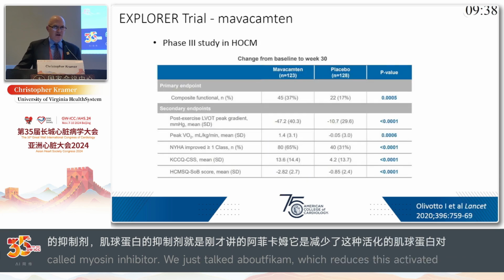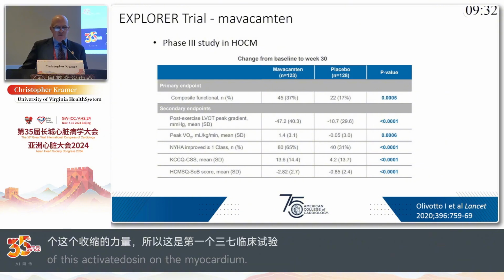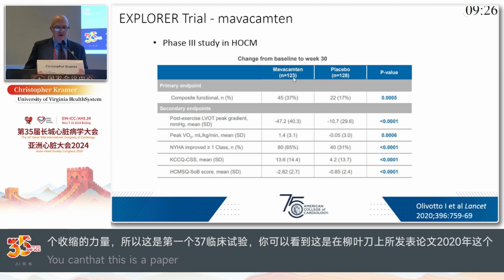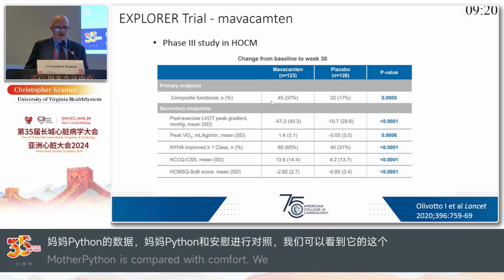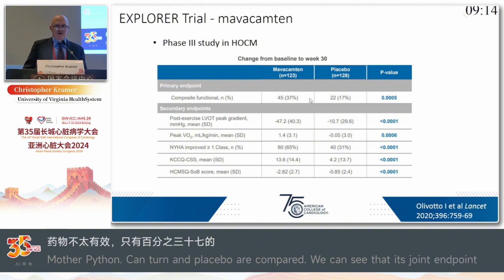The first phase 3 trial of mavacamten was published in 2020 in Lancet. It was a study of about 250 patients randomized to mavacamten and placebo. You might look at the composite functional endpoint and say, well, the drug doesn't work that well. Only 37% met the composite functional endpoint, but that was because of the design flaw of the study.